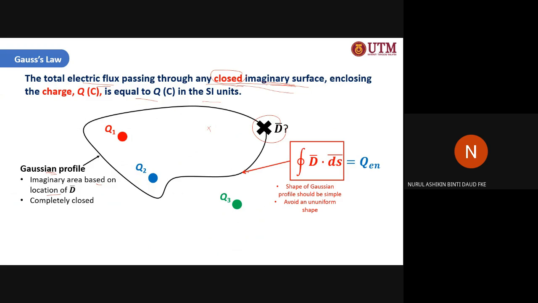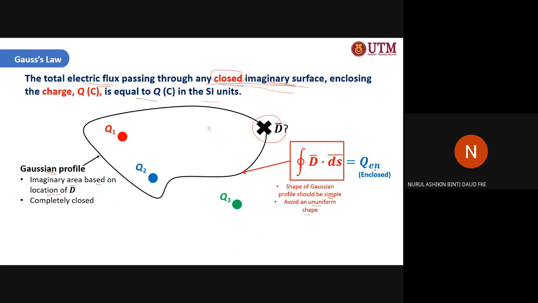So if you want to make the Gaussian profile, make sure that you choose a simple shape, for example, a box, a circle, a sphere. That shape is easier to solve. Avoid a non-uniform shape. These are the rules. Since the shape is within your control, you are the one who decides, so please use a shape as simple as possible.